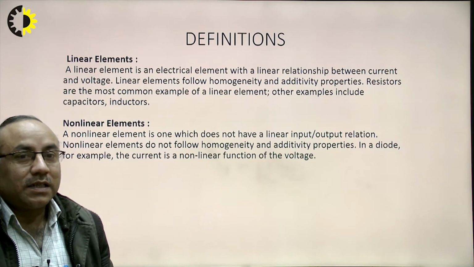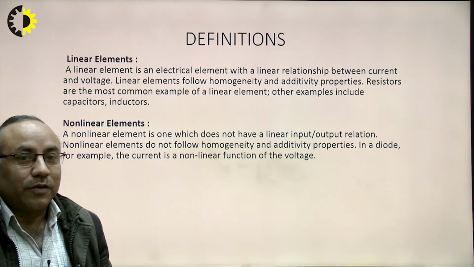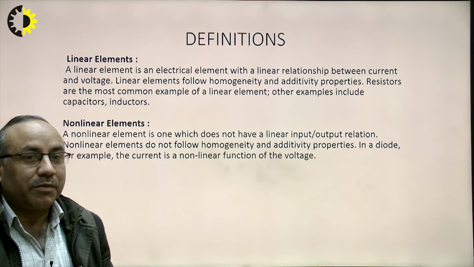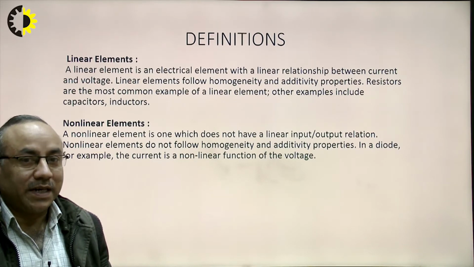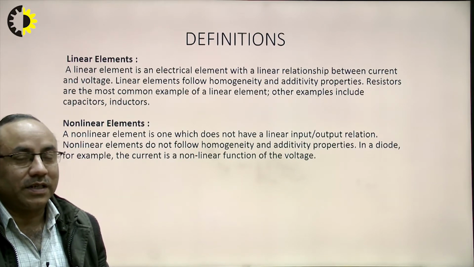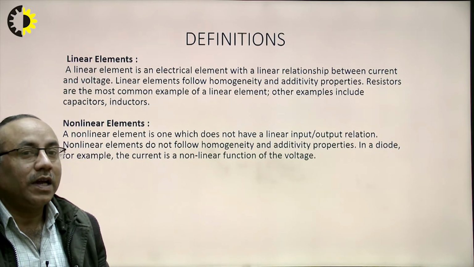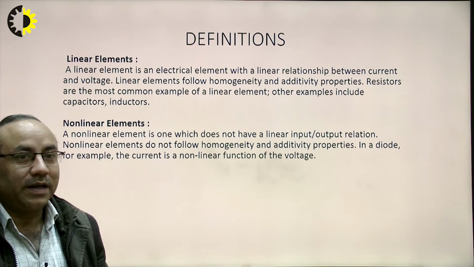In these, the properties of homogeneity and additivity are not satisfied, so there is not a linear relationship between input and output in such elements. For this, the example is the diode, since in that, output and input are not a linear function, they are a non-linear function. So this diode comes under the category of non-linear element.